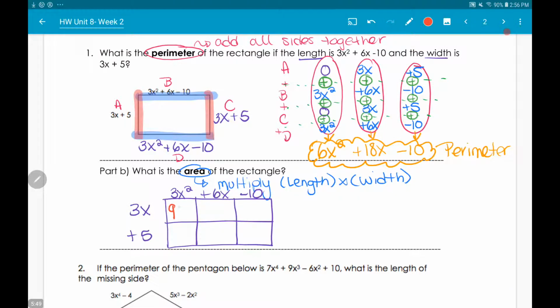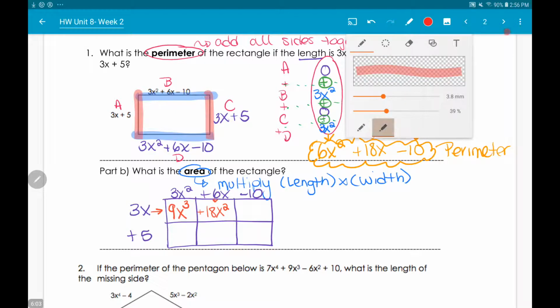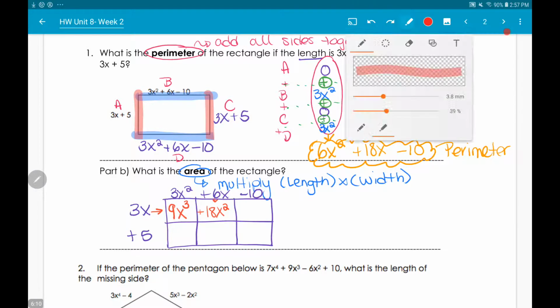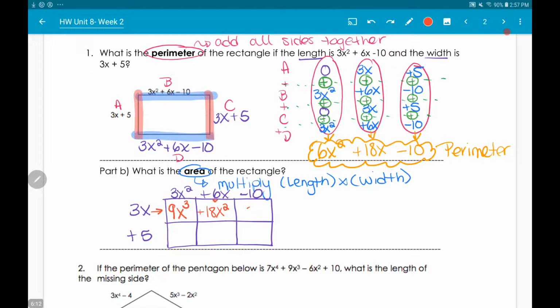So 3x times 3x squared is 9x cubed. 3x times 6x, if I'm going this way and this way, is 18x squared. Now I'm doing 3x and negative 10. That's negative 30x.